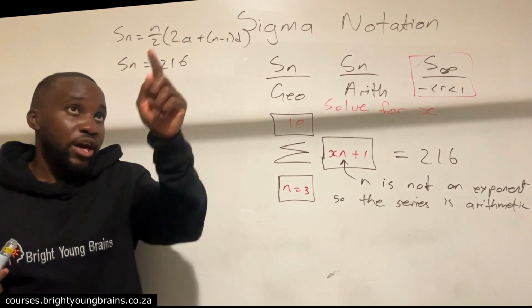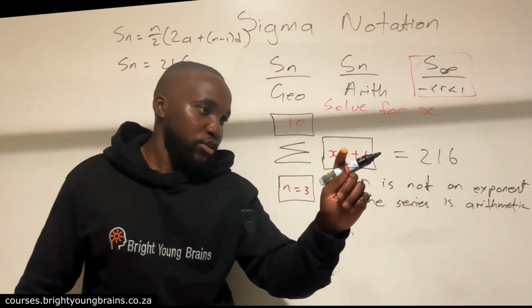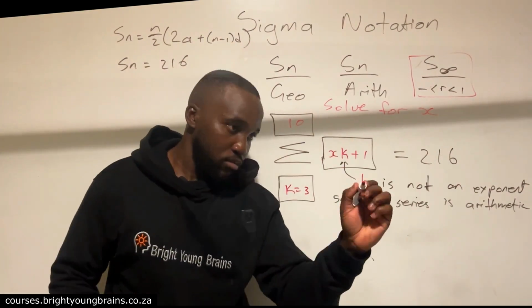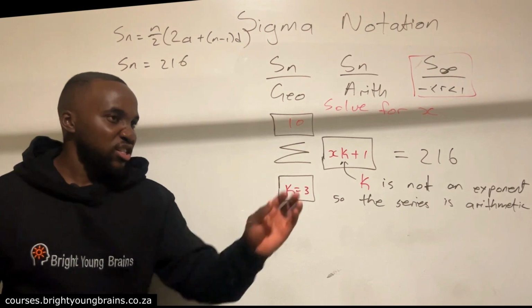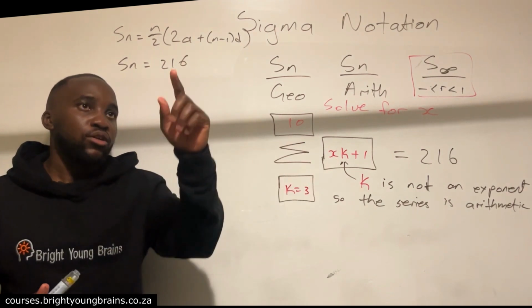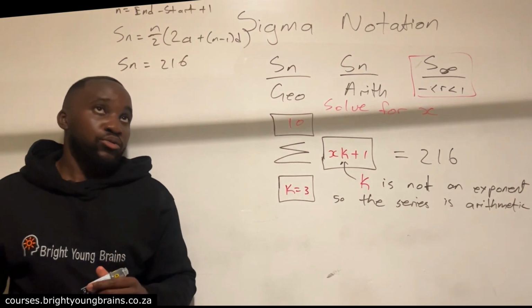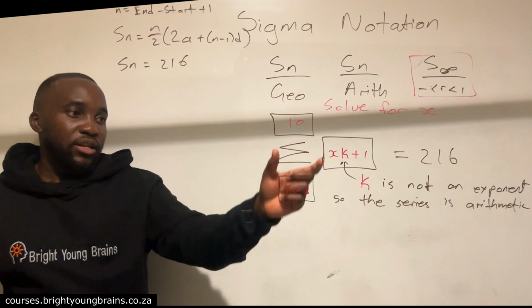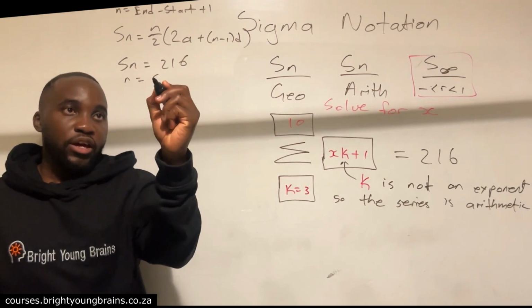Firstly, n, we said, is always equal to the ending minus the start, and then you always plus 1. So in this situation, n is 8.